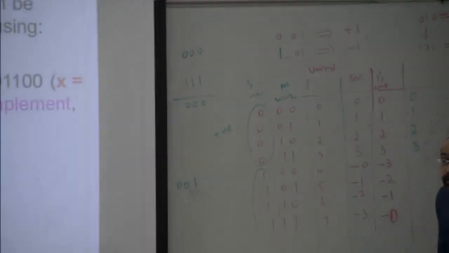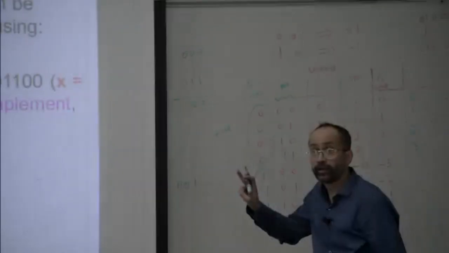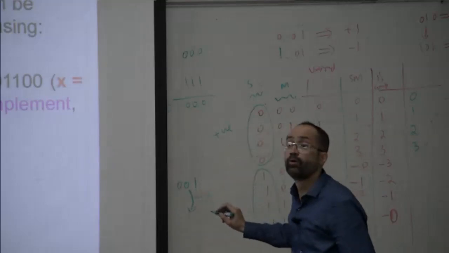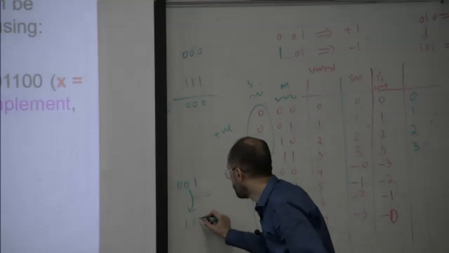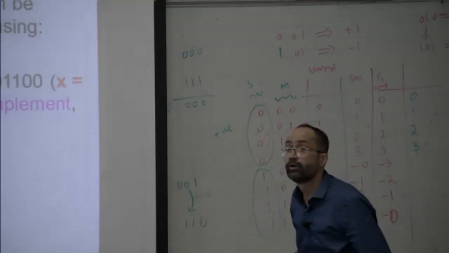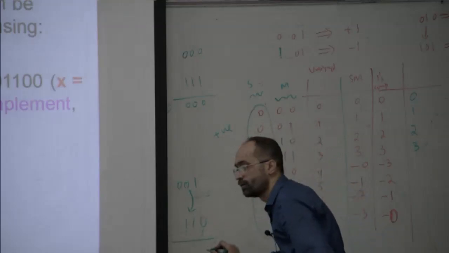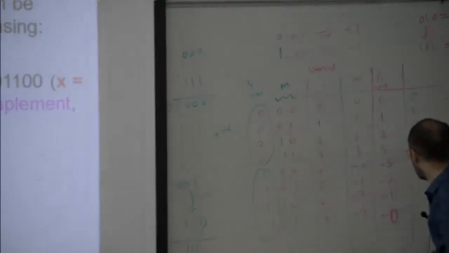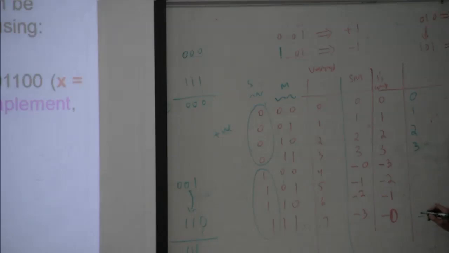How can I get the 2's complement? First invert all the bits: 1, 1, 0, and then we add 1. What is the result? 1, 1, 1. 1, 1, 1 represents now minus 1.